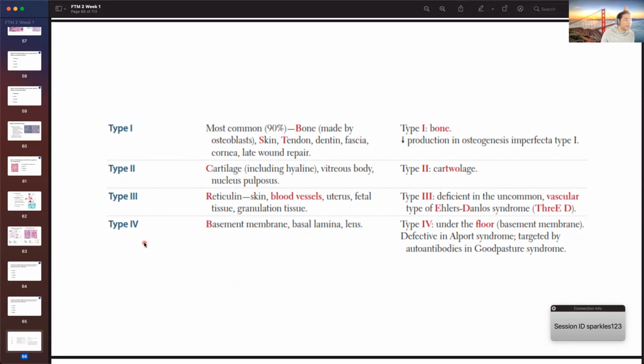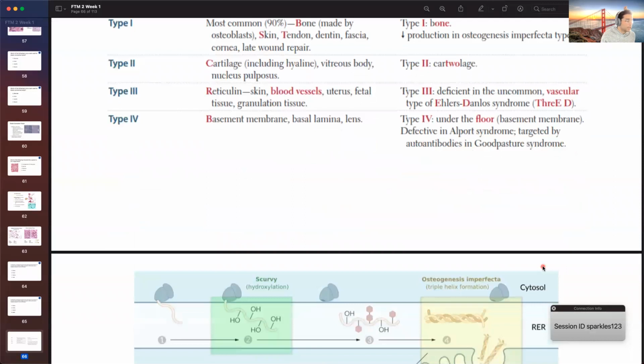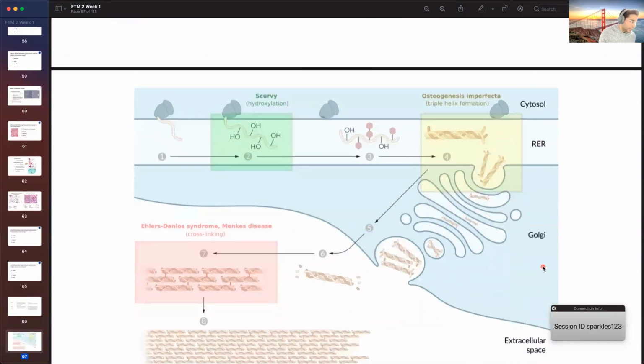Then there's type 4, which deals with the floor. So basement membrane is, I guess, the floor in this case. I always remembered that once I get to reticular, everything after that is basement membrane. So you've gone from levels to the lowest level. Awesome. Let's get this party started.